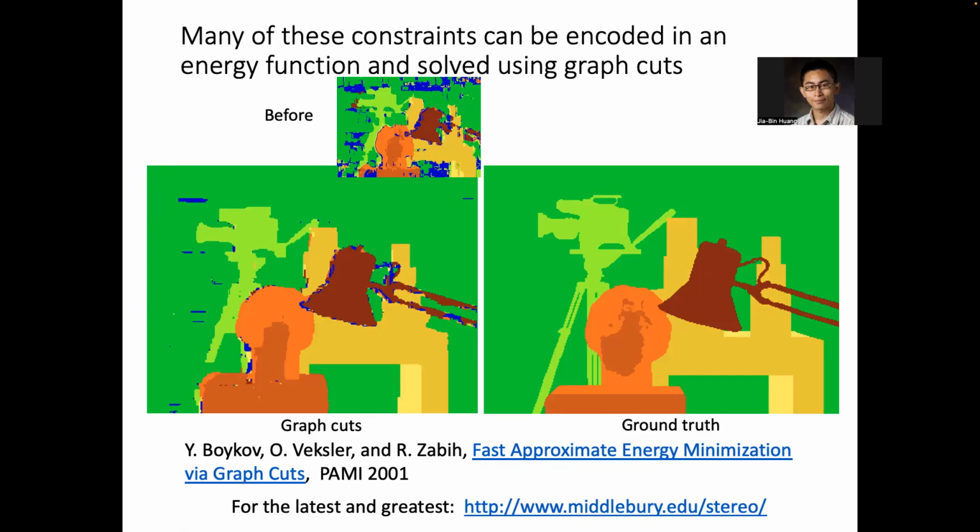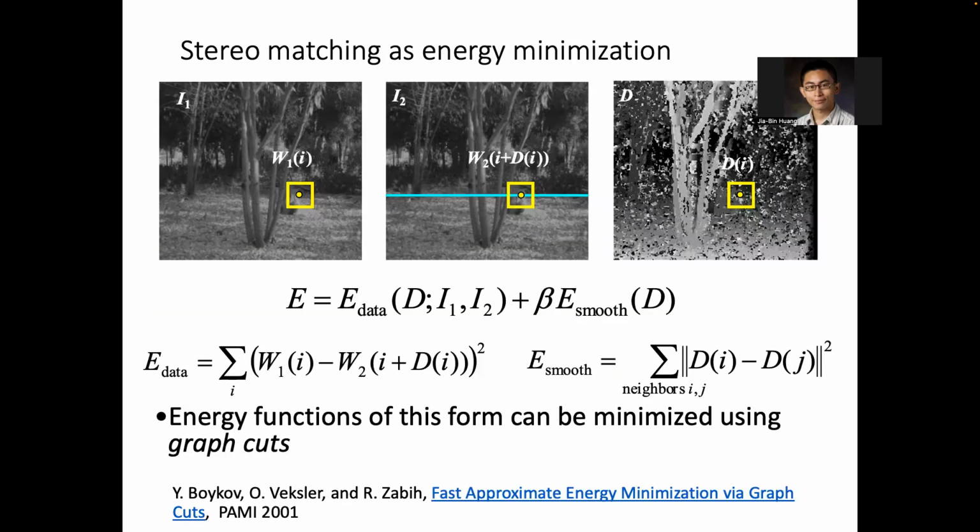So it's the rise of machine learning, right? Now, instead of trying to have a human come up with some objective function like this, trying to define what it means to have a good match and what it means to have a regularization, maybe we just collect data of real 2D stereo pairs as input, with some ground truth depth map, and use a machine learning model to learn to predict this.